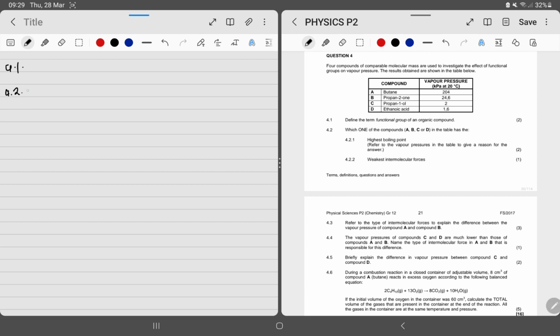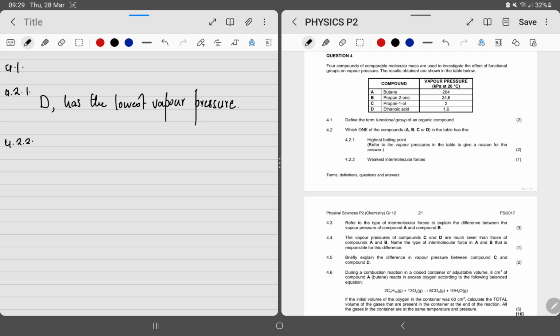So in this instance, we have D. D has the lowest vapor pressure, so it will have the highest boiling point.